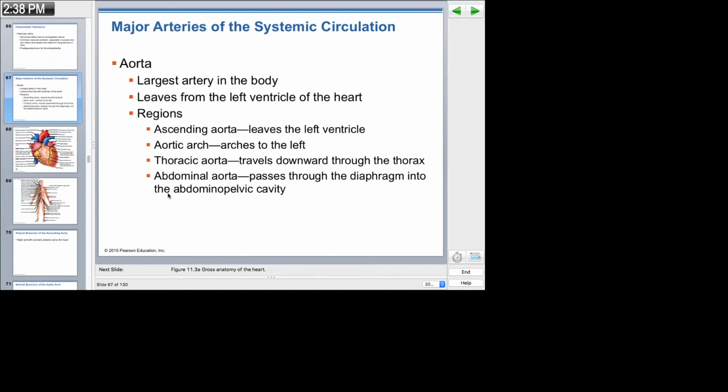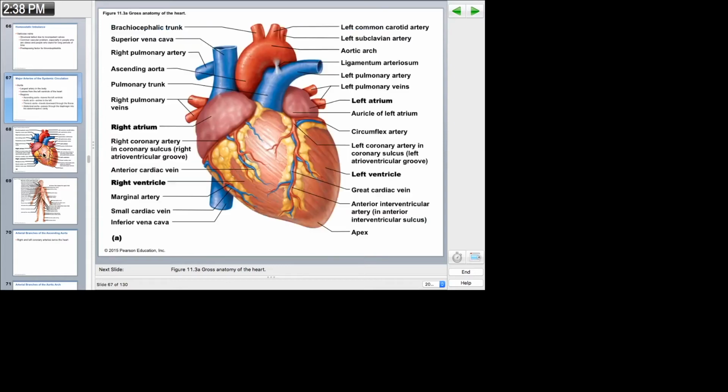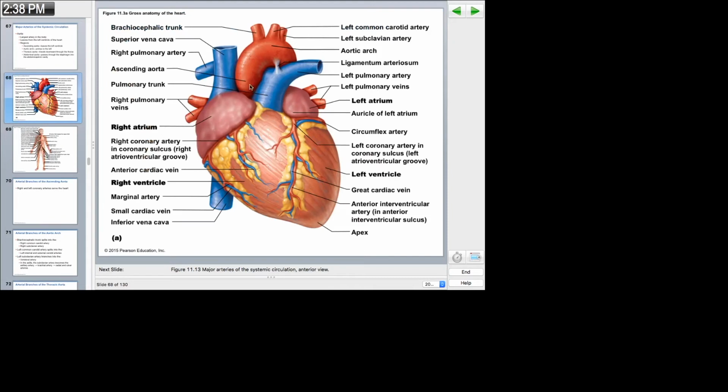Let's take a look at systemic circulation. We've already looked at the blood leaves the heart through the ventricles, goes into the arteries, down to arterioles, down to capillary, and back again, up through the venules, the veins, in through the atrium. But let's get a little bit more specific, first looking at the first blood vessel to leave the heart, the big one, which is your aorta.